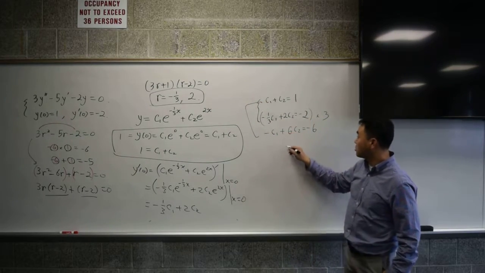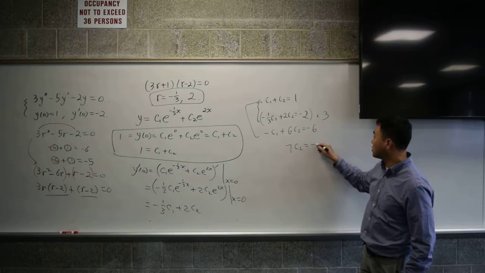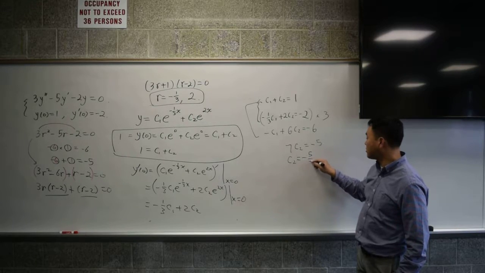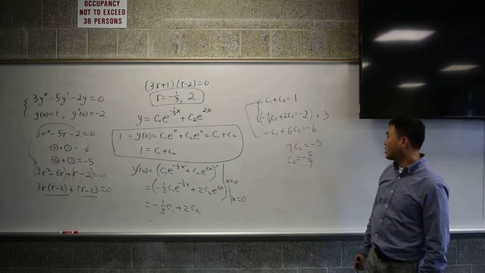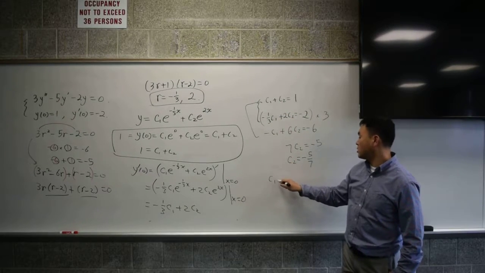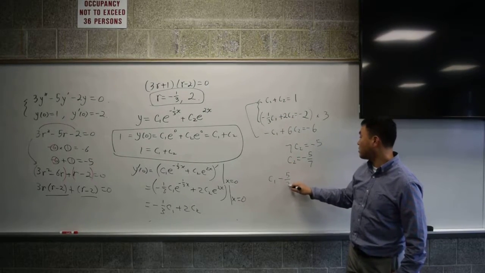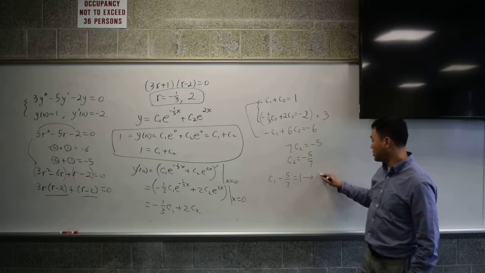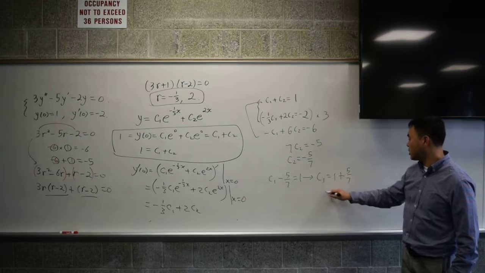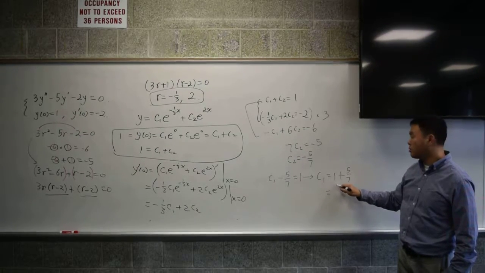If you add these two, you get 7C2 equals negative 5, which gives you C2 equals negative 5 over 7. Okay. And then when you plug this in over here, C1 minus 5 over 7 is equal to 1, leaving C1 as 1 plus 5 over 7, which is the same as 12 over 7.